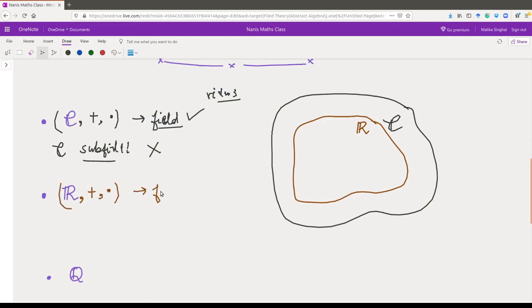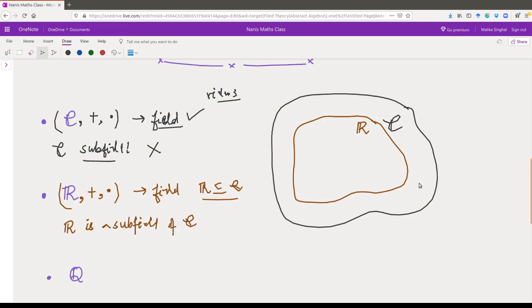Moreover, R is a subfield of the field of complex numbers. Therefore, we can say that the set R is a subfield of the set of complex numbers.